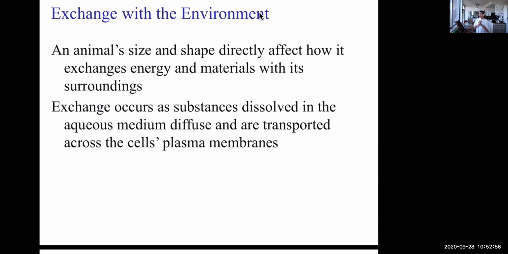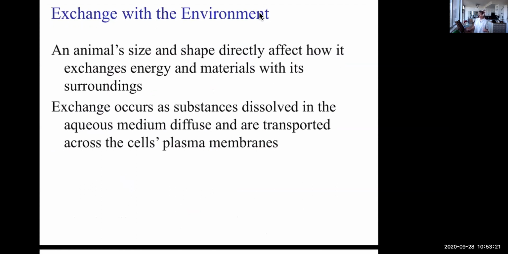So the size and shape directly affects how we exchange energy and materials with the surroundings. Life evolved in water. As such, all of the materials that all of our cells need must come from water. Our cells are formed in such a way to operate in water.